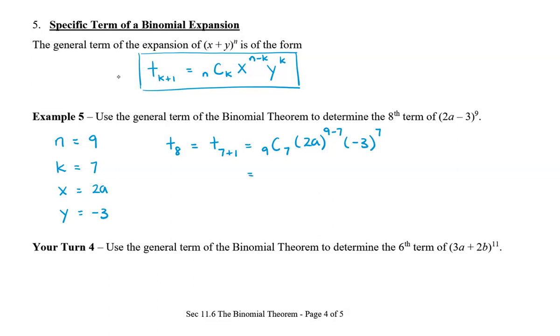Using my calculator, 9C7 is 36. Then we have (2a) squared, so it's 4a squared. And then negative 3 to the 7 is negative 2,187. Multiplying all the numbers together, I get negative 314,928 a to the power of 2.